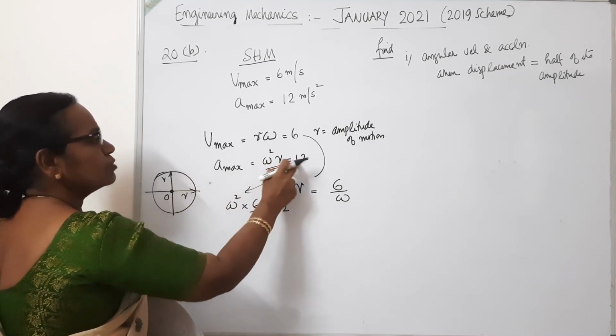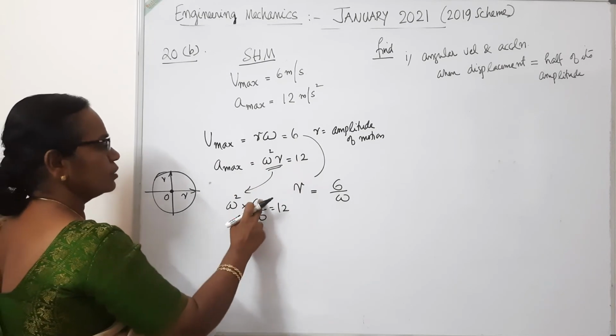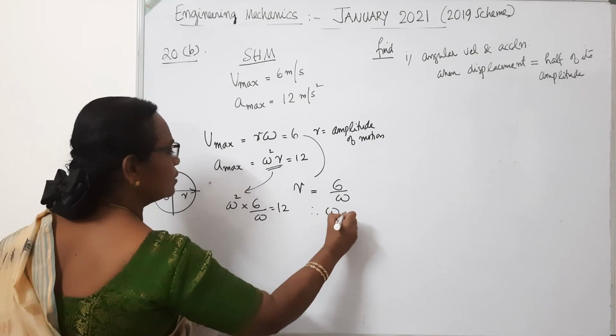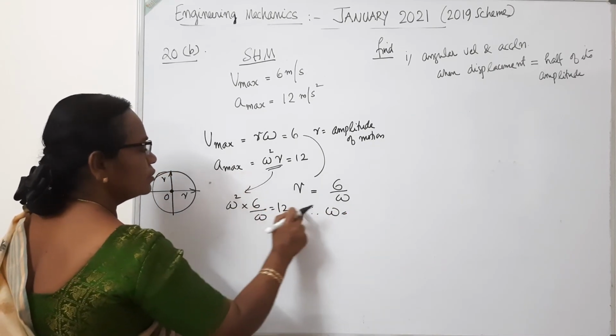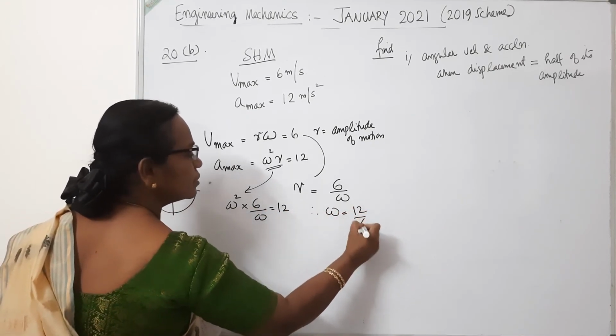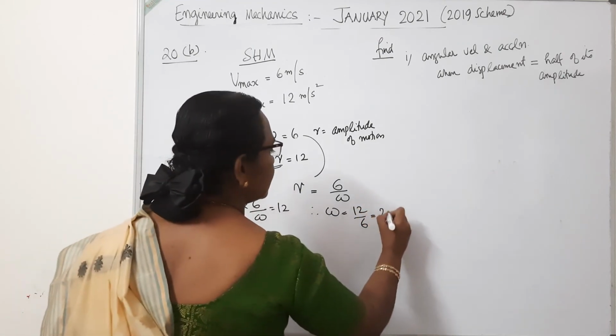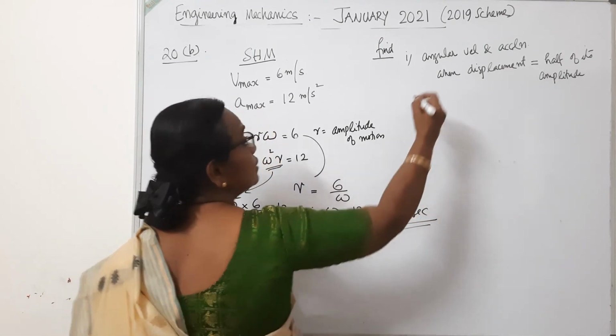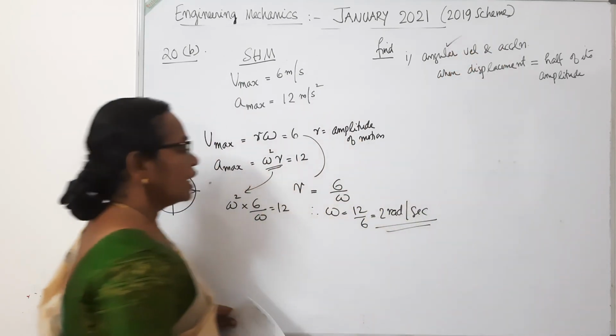Here omega squared r is equal to 12. So omega square into 6 by omega is equal to 12. Therefore omega is equal to 12 by 6, which is 2 radians per second. So we have got the angular velocity.